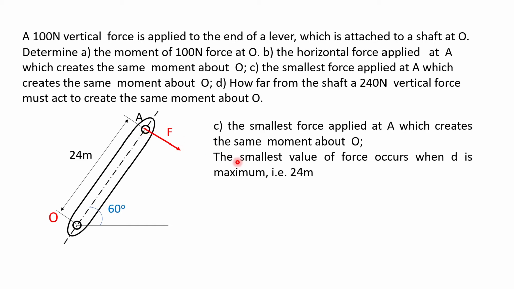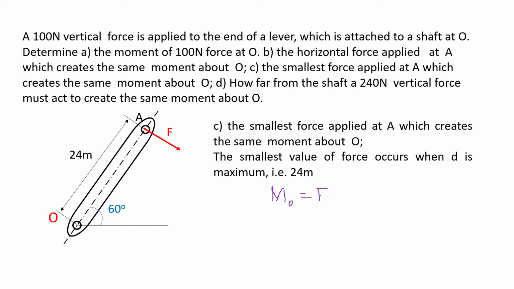A little imagination will give us the clue that the smallest value of force will occur when the value of d is maximum. How? Because by our definition, moment is nothing but the product of force and the particular perpendicular distance, right?